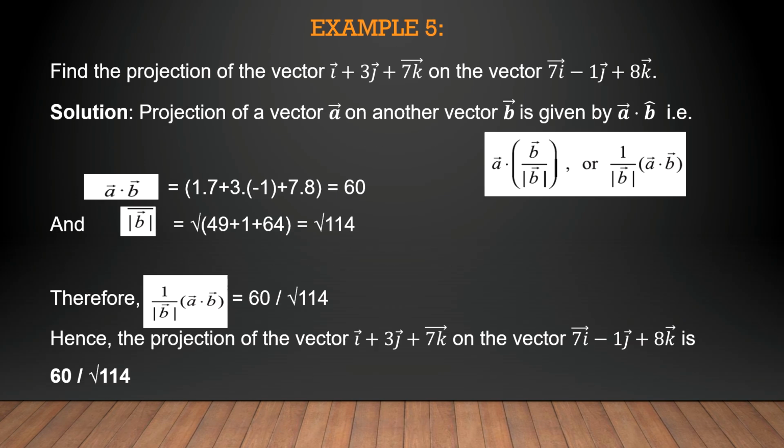As we know, the other application of dot product is to find the projection vector. So find the projection of the vector i plus 3j plus 7k on the vector 7i minus j plus 8k.